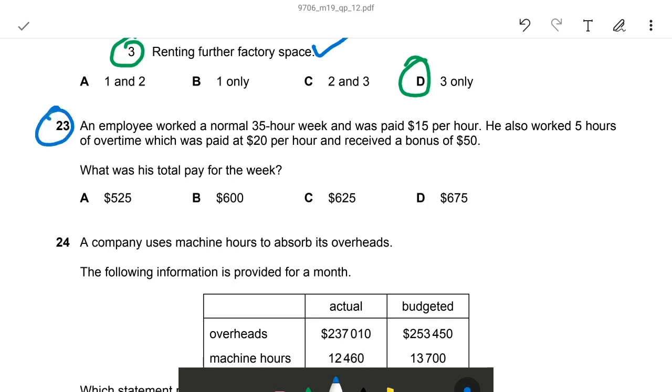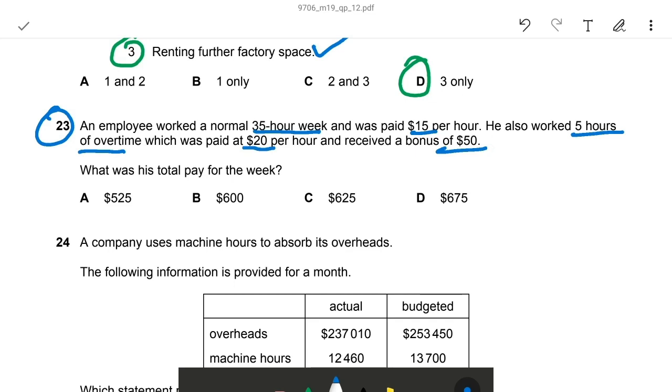An employee worked a normal 35 hours a week and was paid 15 per hour. He also worked 5 hours of overtime, which was paid 20 per hour, more than the actual payment of 15. And he also received a bonus of 50.